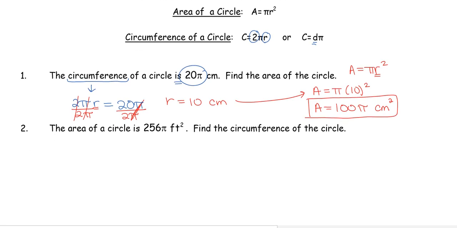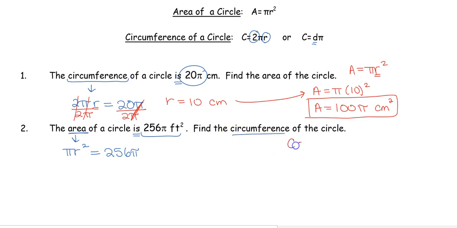All right, the next one, we have the area of the circle is 256 pi feet squared. So again, we problem solve through the area, which is pi r squared, is 256 pi. So those two things are equal to each other. Now this time we want to find the circumference.